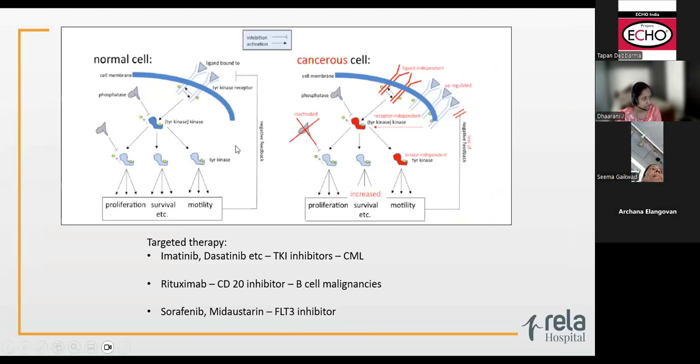What is shown here is the normal cell and cancerous cells, the division between these two. A normal cell will have control on its growth and control on its death. But when the control on the growth or control on the death of the cell is not there, that is a cancerous cell. That can be because of various mutations. There are two ways of treating the cancerous cell. One is non-specific.